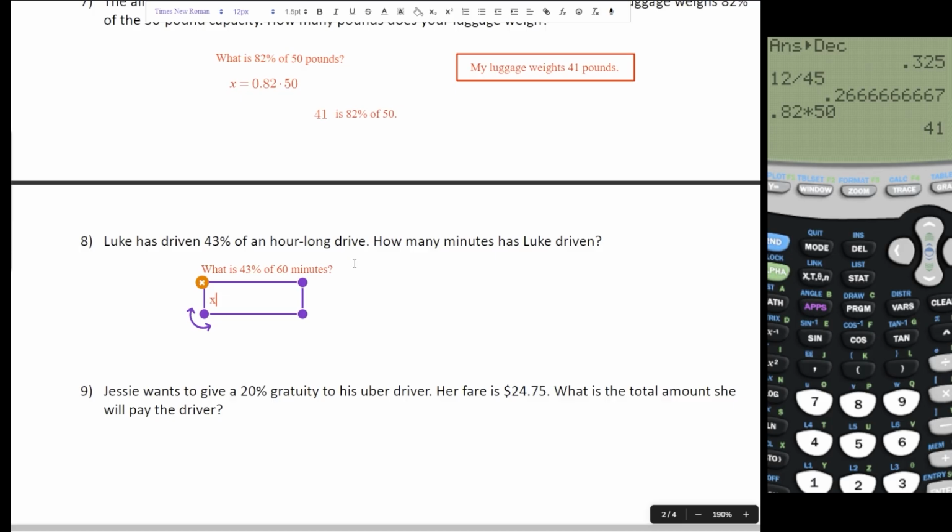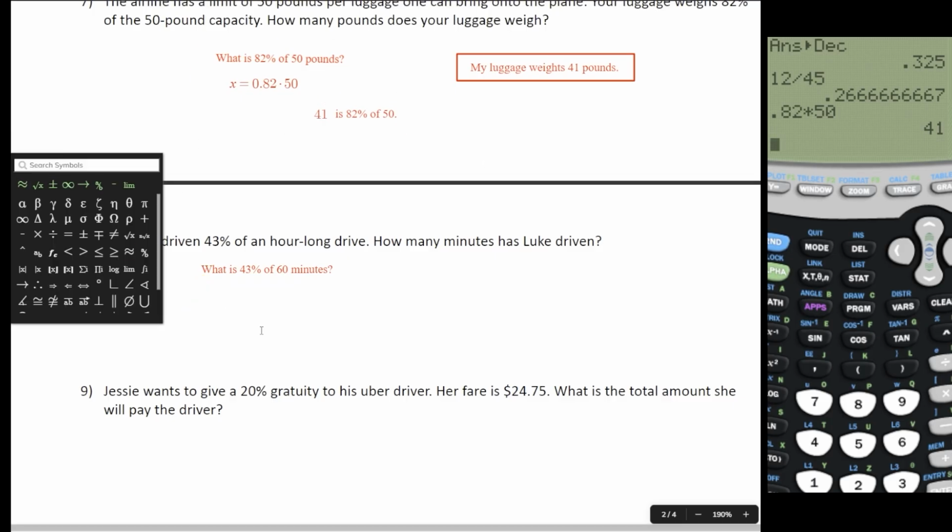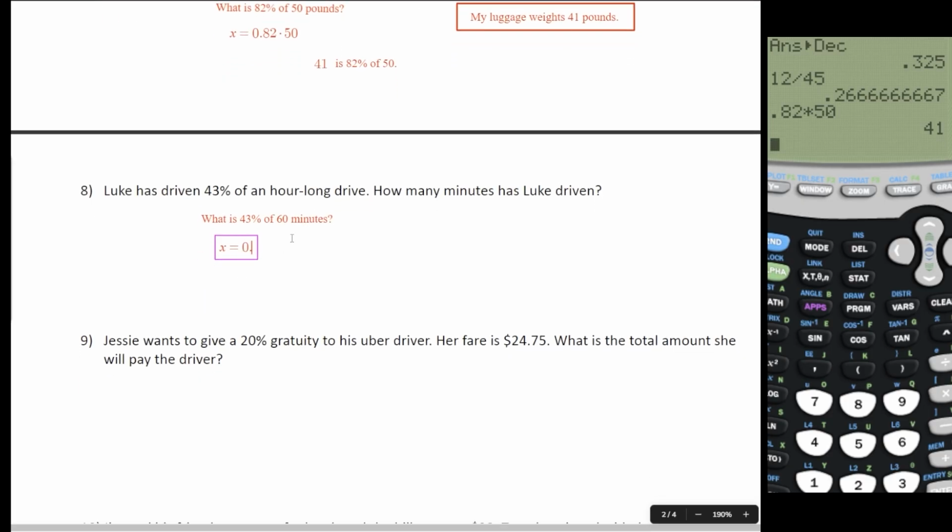So x is 43%, so that's going to be 0.43 of 60. And so let's type that in. Once again, here we got 0.43 times 60, and we get 25.8.